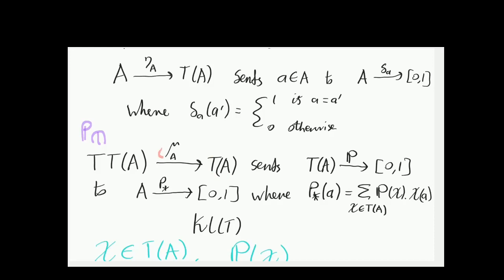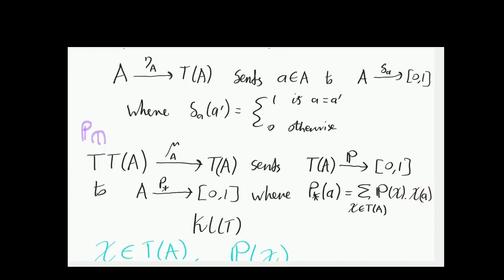And so in particular, mu of A is going to send script P to this probability distribution P star over A. And how is P star determined? Well, P star is going to associate an element little a with the probability obtained by adding over all of the probability distributions chi over A of the probability that chi occurs under script P times the probability that little a occurs under chi.